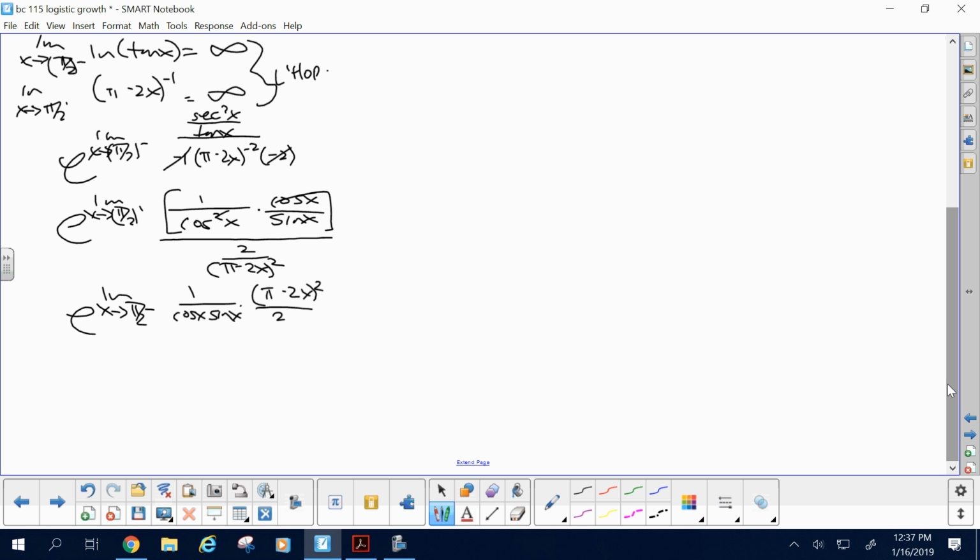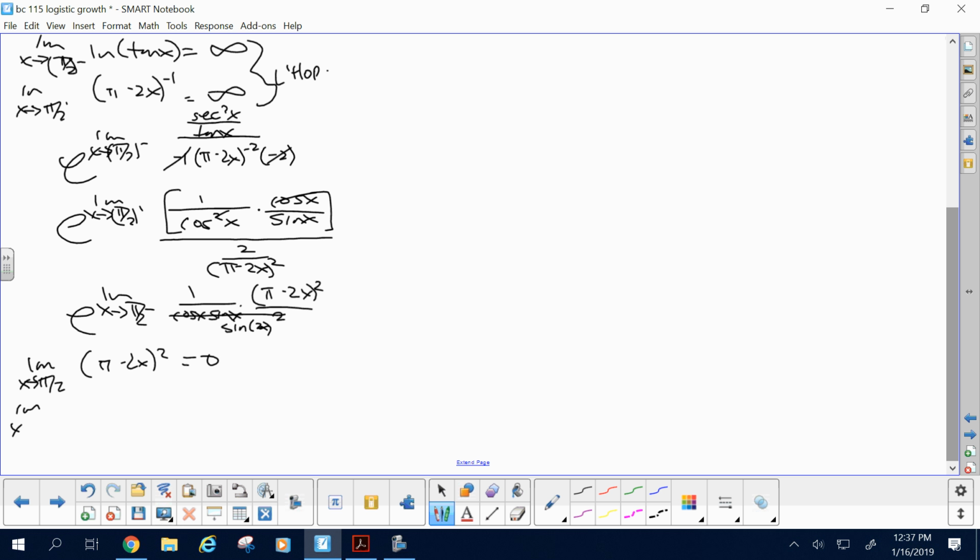So it's L'Hopital again. You could do the product rule down here, but I thought, let's call 2 cosine sine sine of 2x. Are you cool with that? Okay, because then at least we don't have to do the product rule on the second part through. So, by justifying L'Hopital, the limit as x goes to pi over 2 of pi minus 2x squared is 0.